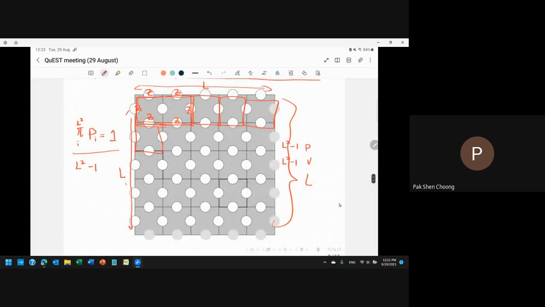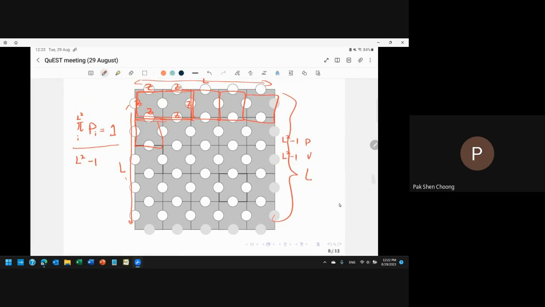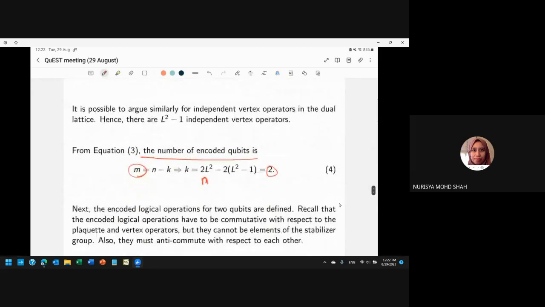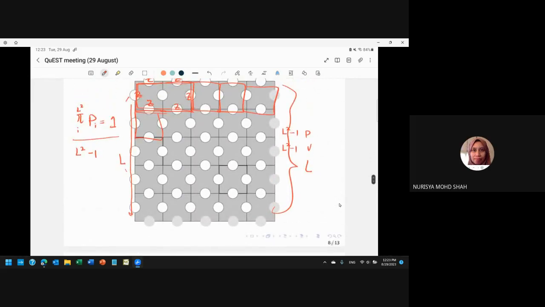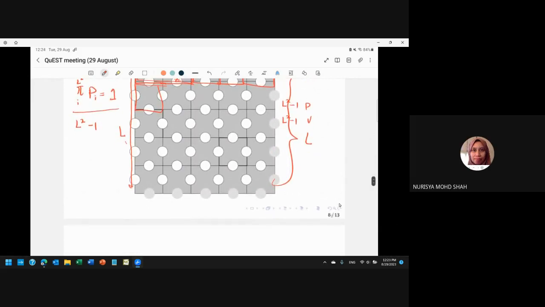Meaning that you have so many physical qubits, you can only encode 2 qubits inside here. Only 2, for all these 2L squared, whatever the L size is, right?